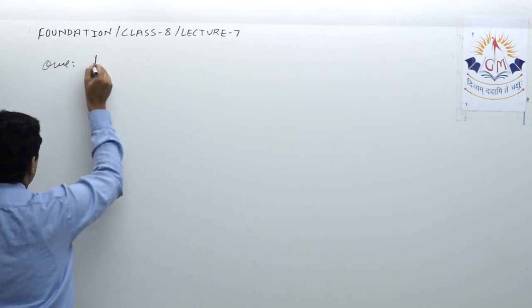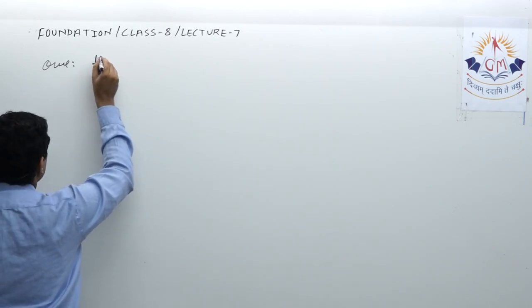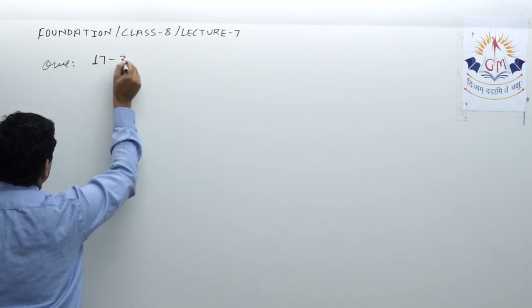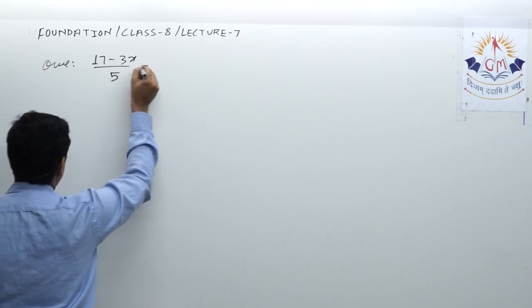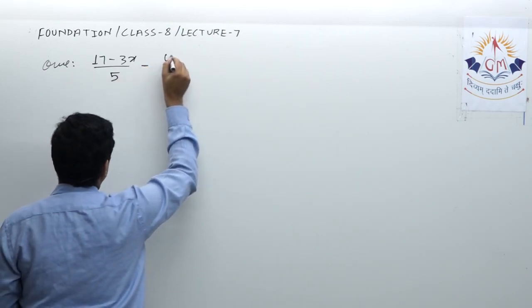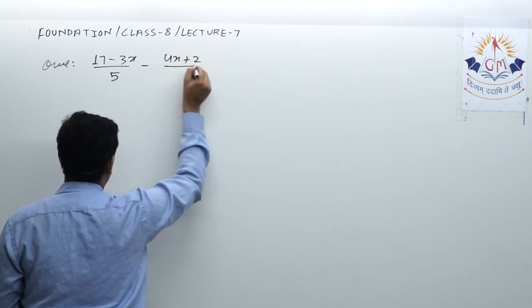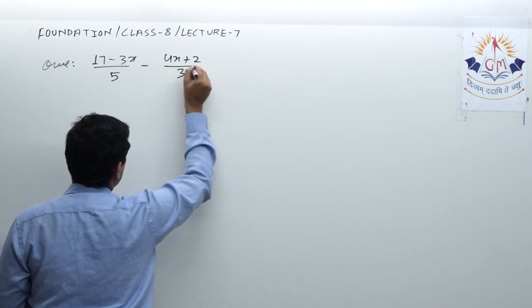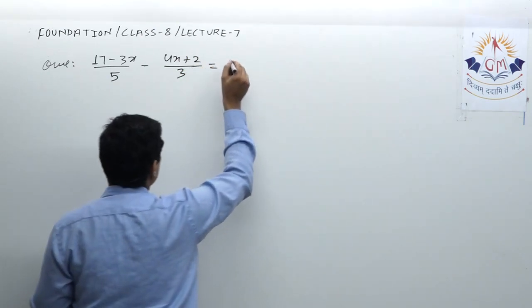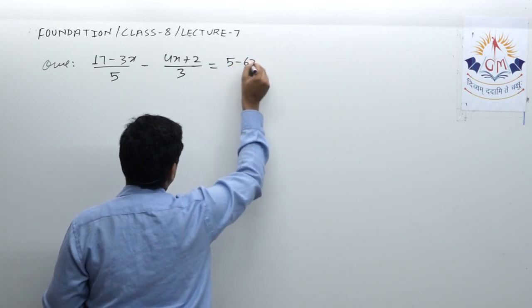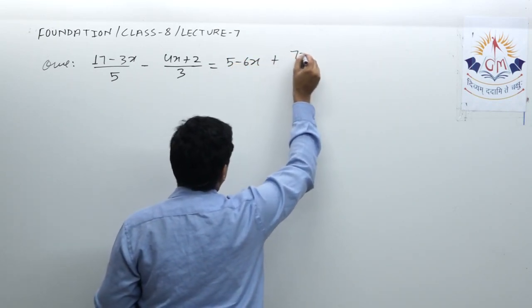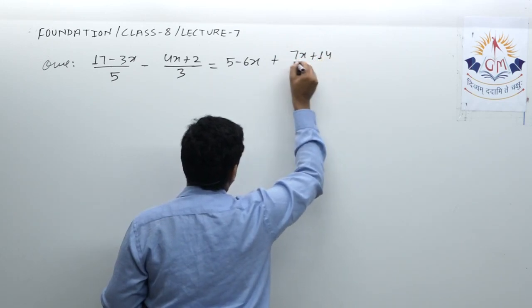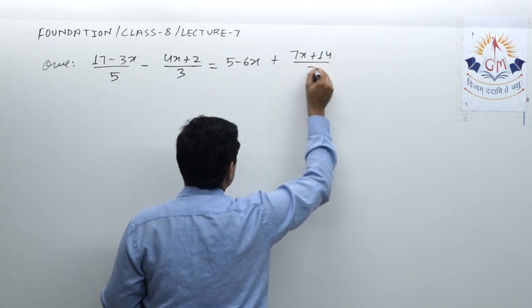17 minus 3x upon 5 minus 4x plus 2 upon 3 is equal to 5 minus 6x plus 7x plus 14 upon 3.